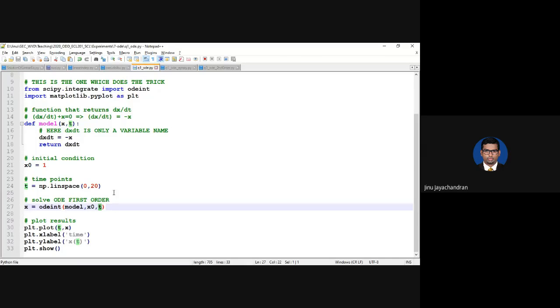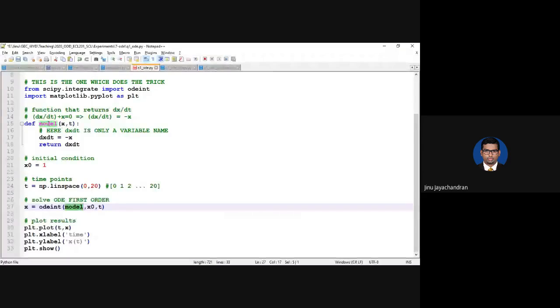Right now, t is linspace of 0, 20, which means it will generate points from 0 to 20 with a separation of 1. So it will generate points 0, 1, 2, up to 20. Okay. So you got this t value, you got this x0 value. Now what is the model?